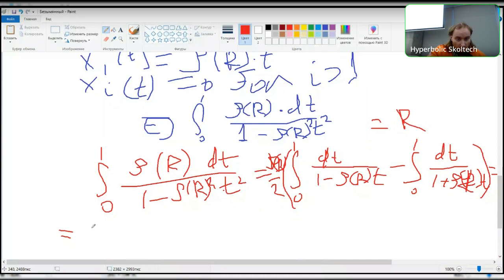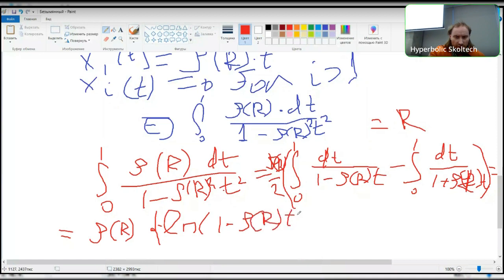Okay, so we have rho of r multiplied by logarithm, minus logarithm of rho of r t divided by this constant rho of r.